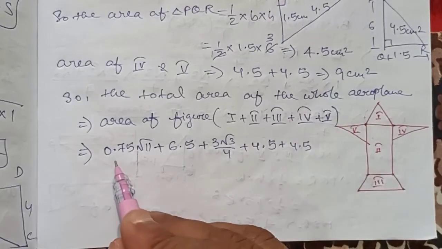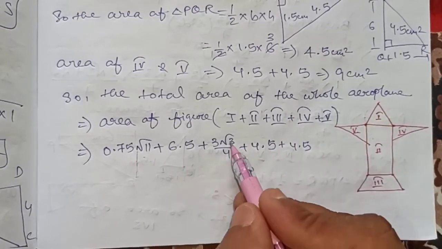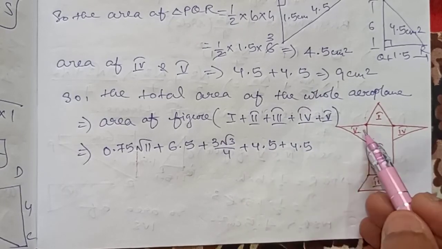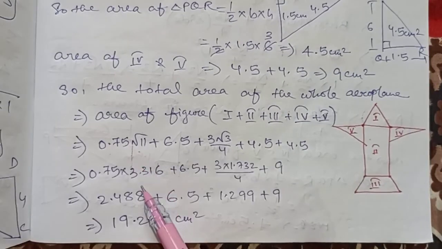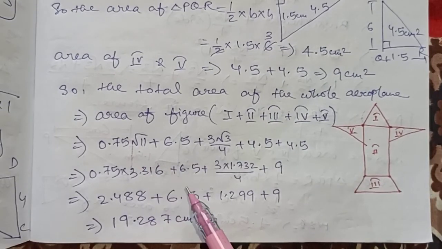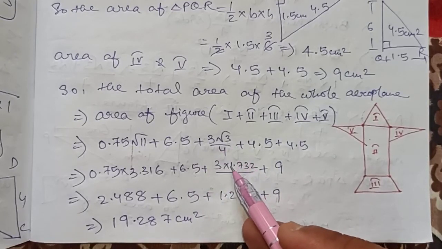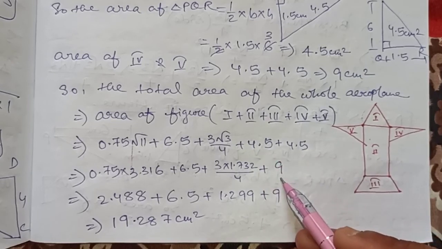This area is 0.75 root 11. This area is 6.5, the rectangle. 3 root 3 by 4 is the area of the trapezium. 4.5 is this, 4.5 is this. Now we will substitute the value of root 11 here, that is 3.316. 6.5 as it is. 3 into root 3, the value is 1.732, divided by 4, plus 4.5 plus 4.5 is 9.